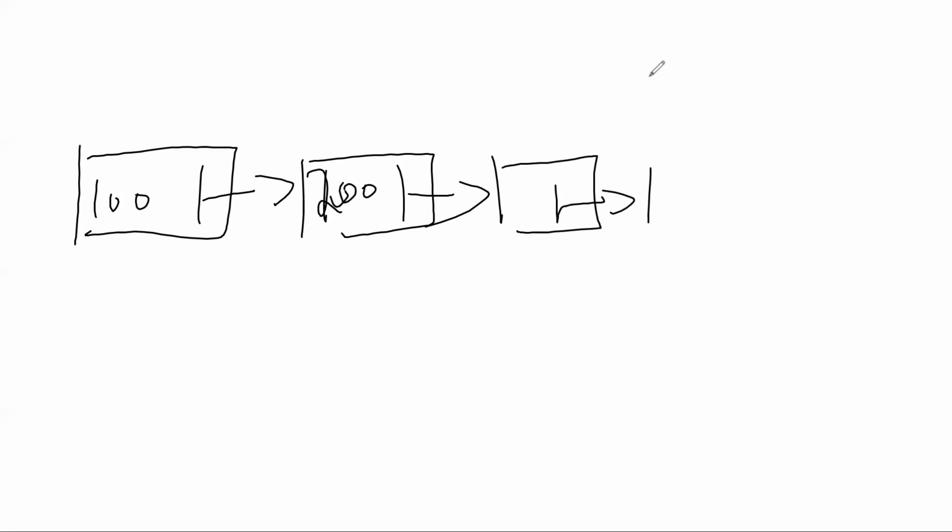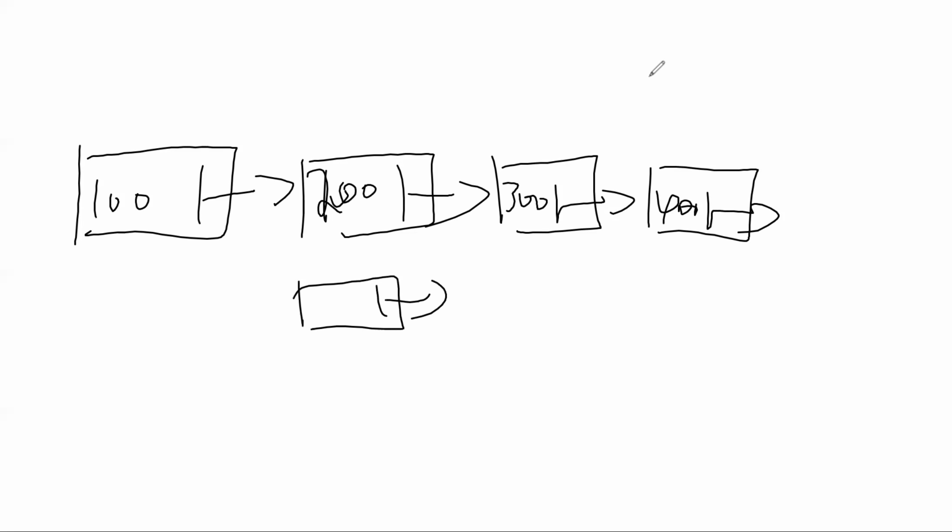Okay, and then next, let's see. Suppose over here I have an integer linked list. I have 100, 200. Suppose it's already built. How we build it, later on we are going to see. Then we have 300, 400, and the next is 500, 600, something like this, and all the way up to 900.